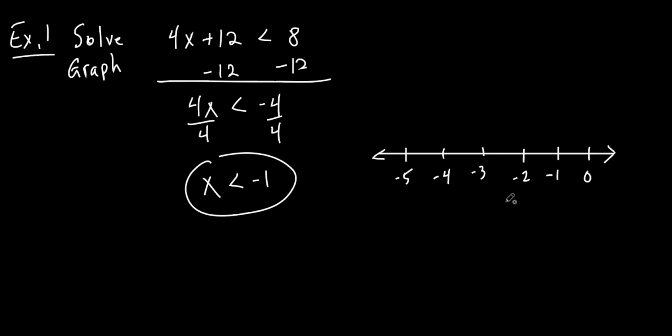It's just a waste of time. It's less than -1, so is it going to be an open or closed circle? It's going to be open because it's just less than, and then we shade everything in which direction? To the left. It's less than, so we shade everything here, and that's what it's going to look like. Make sense? Yeah, pretty easy.